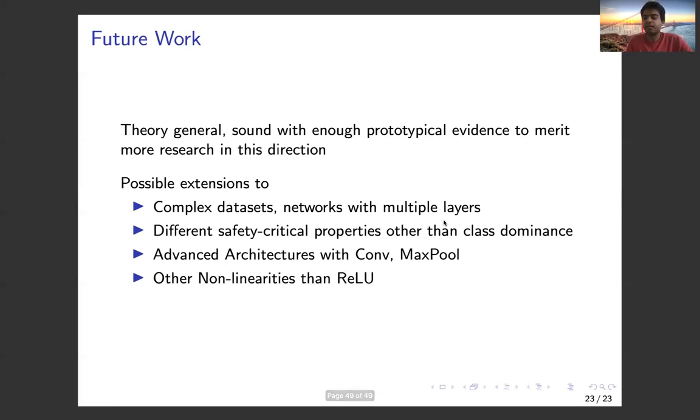And again, we have restricted our approach in this particular talk to ReLU networks, but because of other non-linearities like tanh, things can get complicated. The activation patterns would no longer be linear, but it would be interesting to know how we can verify those particular networks as well, and that is something that we want to try out as a possible direction of our future work.